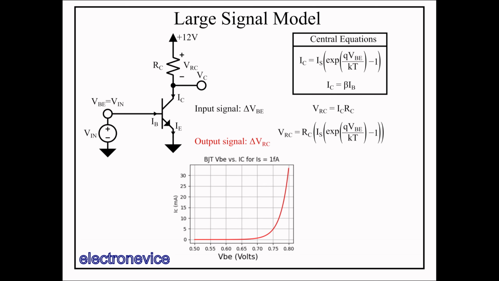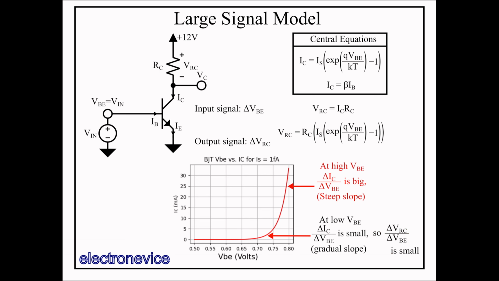So, looking back at the plot, we can see that at low VBE, the slope of the curve is more gradual, so the change in IC over the change in VBE is small at that point. And thus, the change in VRC over the change in VBE is similarly small, since VRC is proportional to IC.